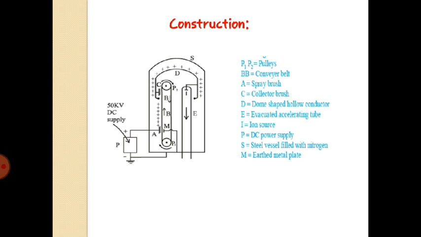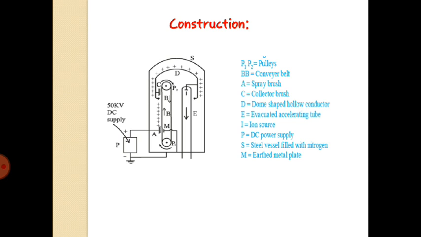As you can see over here, there is the diagram and a description of the diagram. I want to let you know that if a question is asked in the board exam like explain the Van de Graaff generator, then you are going to write the principle, construction, and working, these 3 points.